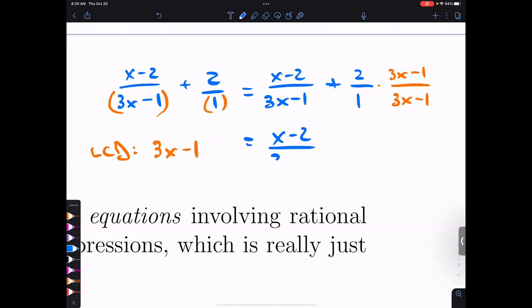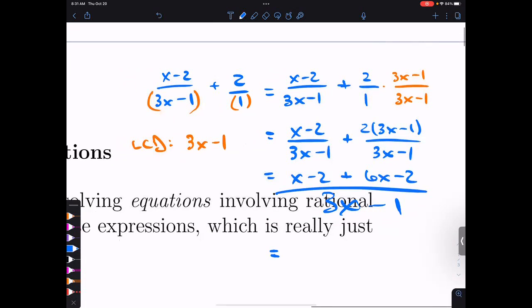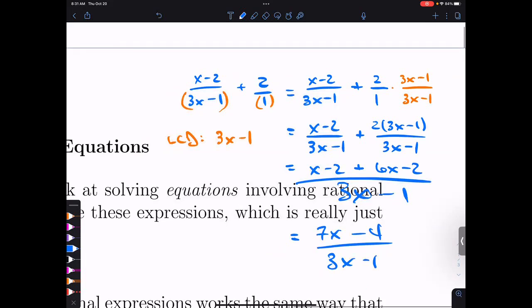Okay, so x minus 2 over 3x minus 1 plus, which is what, 7x minus 4. I don't really care where it ends up.